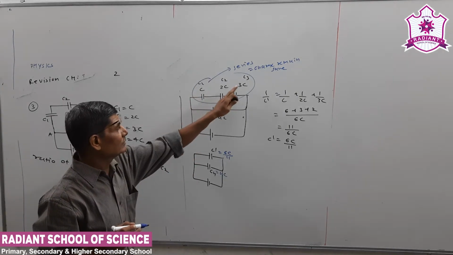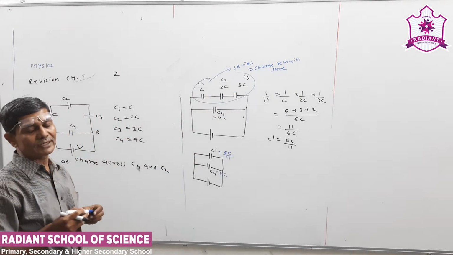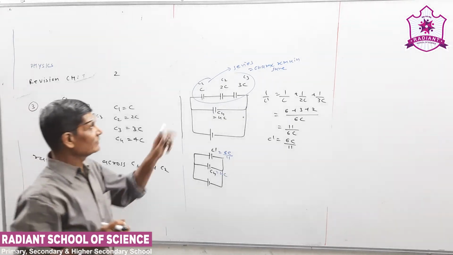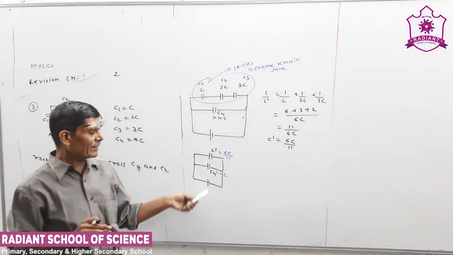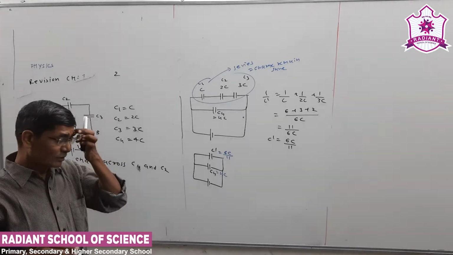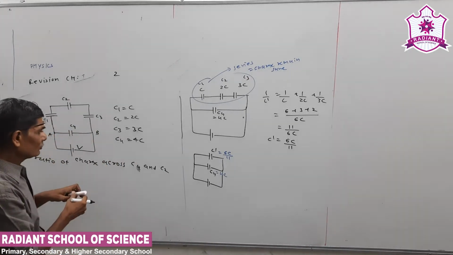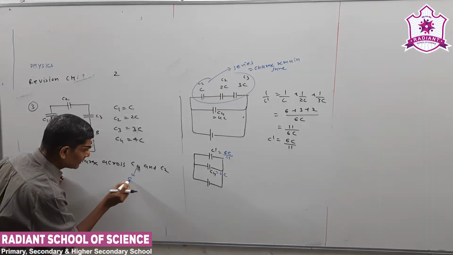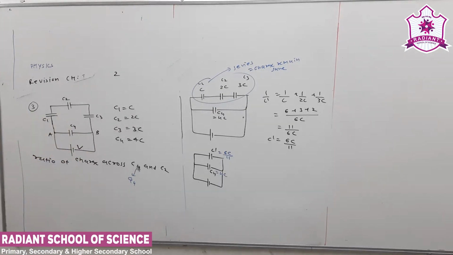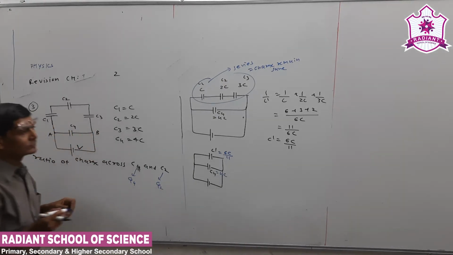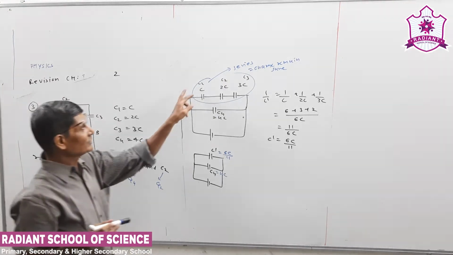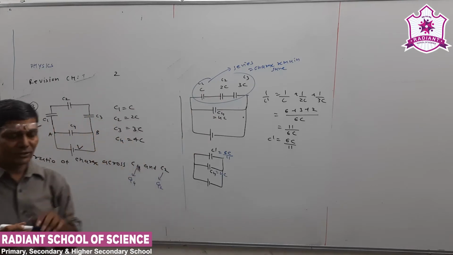If we have obtained C dash as the equivalent capacitance of C1, C2, C3, which are in series, the charge will remain the same. Now in parallel, the voltage will be the same. So if I want to find Q4 and Q2, Q2 is nothing but the charge of the combination.